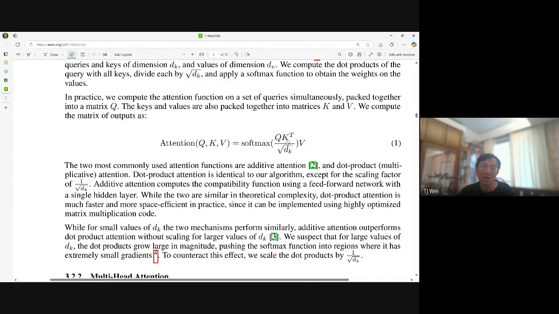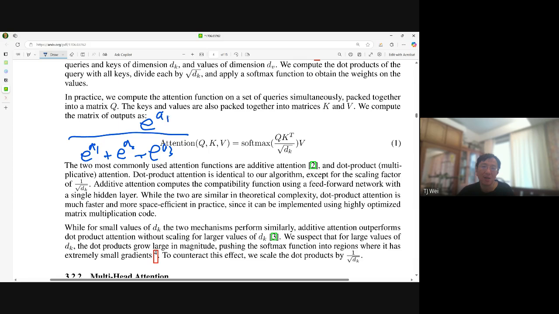The scale is because we are using a softmax, and softmax is very sensitive to its inputs. If you remember what the softmax is, it is something like e^A1 plus e^A2 plus e^A3. For the first component, it is e^A1 over the sum.